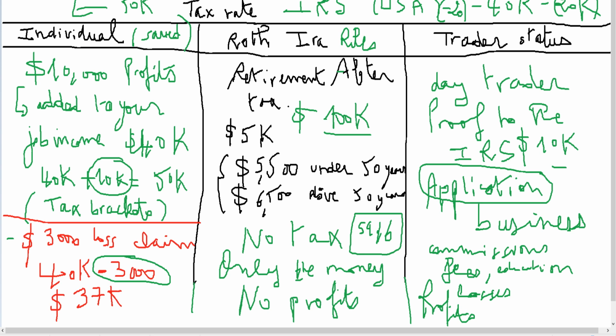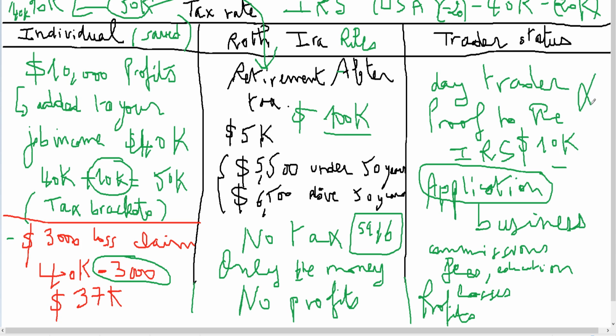This 50,000 will be added to your income. Let's say you have a good job, you are paid 90,000. So 90,000 plus 50,000 will be 140K, and then they tax you on 140K, and you will pay a lot of taxes. But if you made this 50K here, you are paying nothing to the IRS, which is a very good thing.